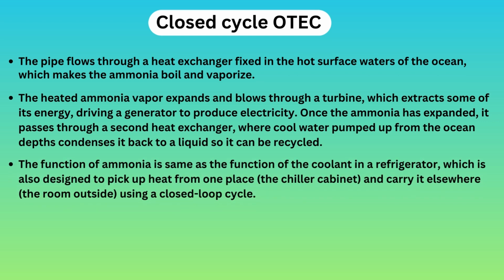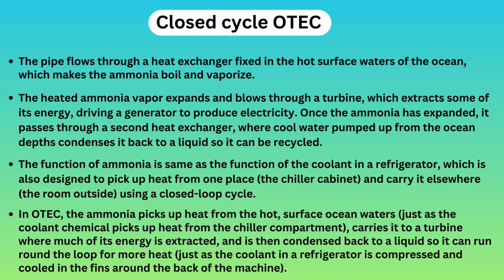Here the function of ammonia is the same as the function of the coolant in a refrigerator, which is also designed to pick up heat from one place, that is the chiller cabinet, and carry it elsewhere, to the outside of the room, using a closed loop cycle.